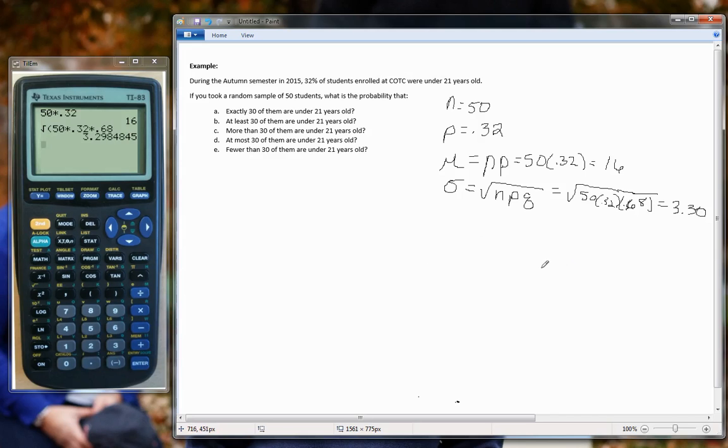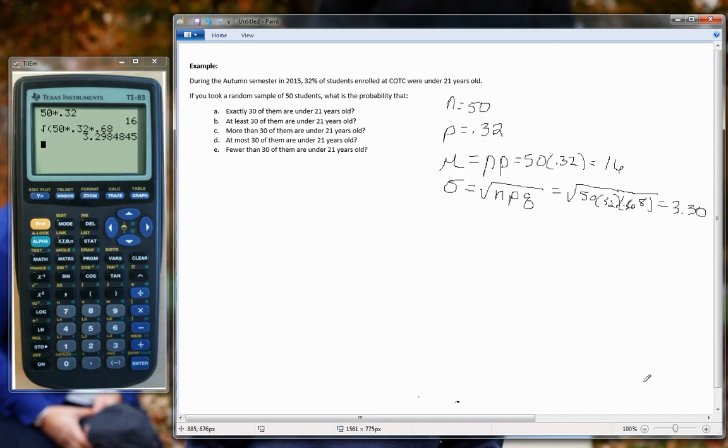Now, as explained in the last video, we're using a continuous distribution to approximate something that's discrete, meaning if we pick 50 students here, the number of them that we could have under 21 would be 0 students, 1 student, 2 students. We can't have 2.5 students.